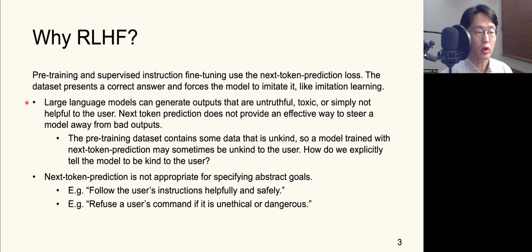We can show the language model example generations that conform to these requirements, but that kind of instruction is indirect. A more direct form of instruction would have the language model generate text, and then when the language model generates bad text, as defined by these abstract goals, we would tell the language model that that's a bad generation, that it shouldn't do it, and somehow incorporate that as a learning signal.